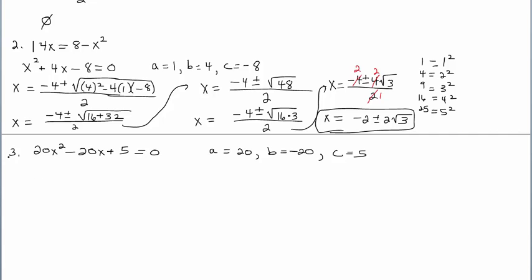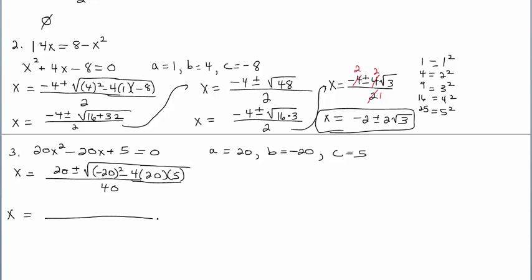All right, opposite B, plus or minus the square root of B squared minus 4 times A times C, all over 2 times A, or 40. Okay, go ahead and write down the 20 plus minus and the 40 down here.